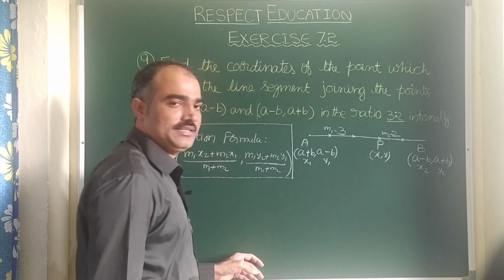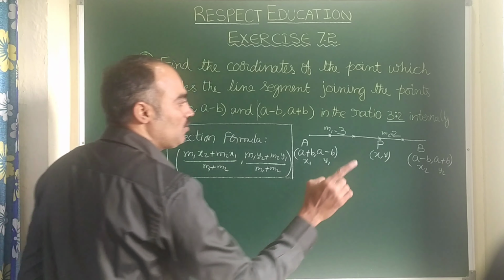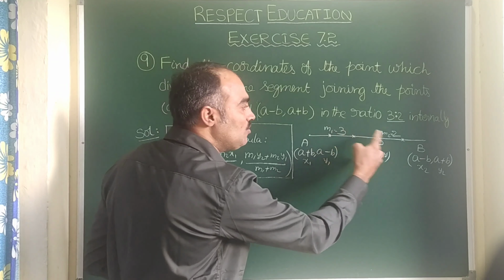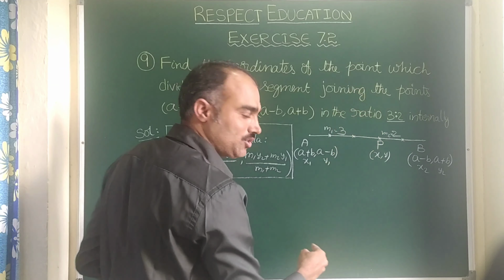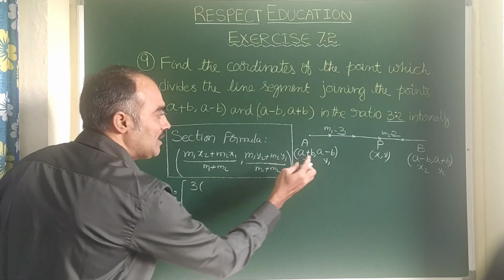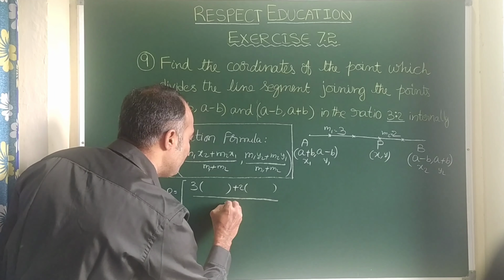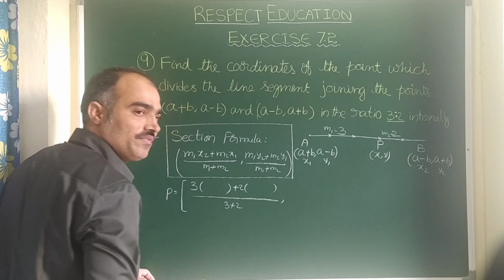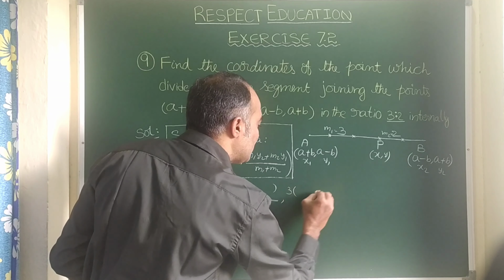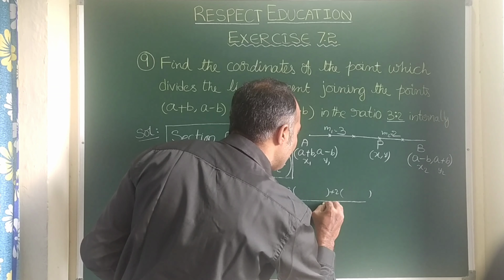Now the required point P is, let us write 3 into something plus 2 into something by 3 plus 2. Here it is better to maintain a bigger bracket. 3 into something plus 2 into something by 3 plus 2, comma, again 3 into something plus 2 into something by 3 plus 2.